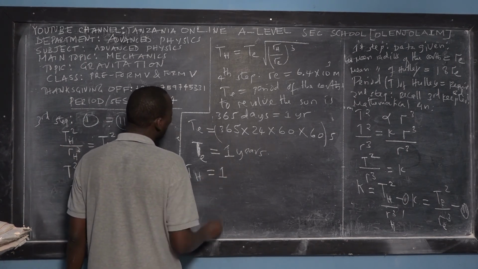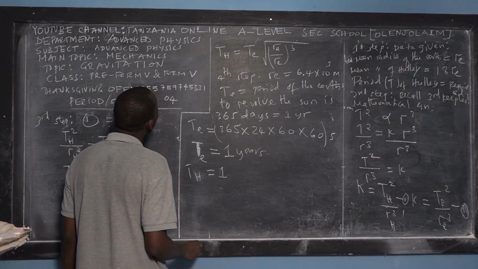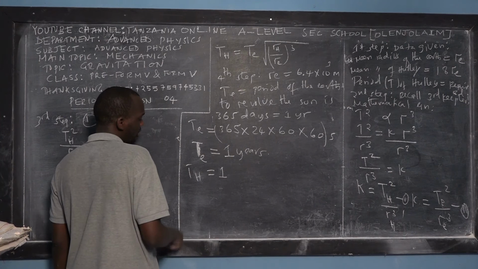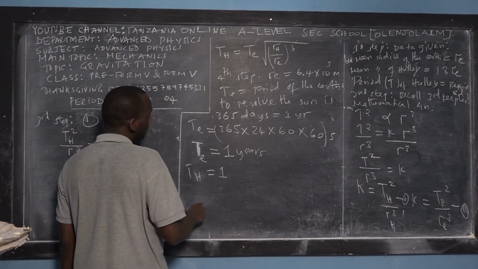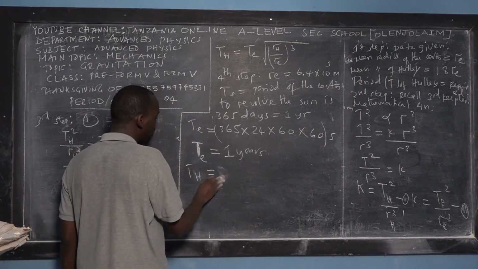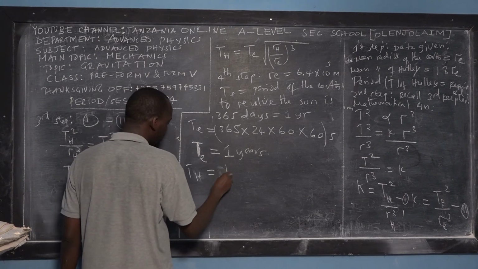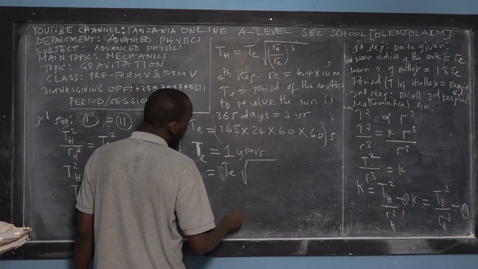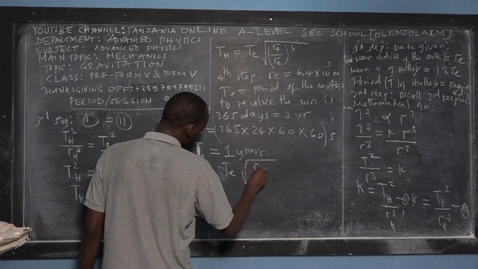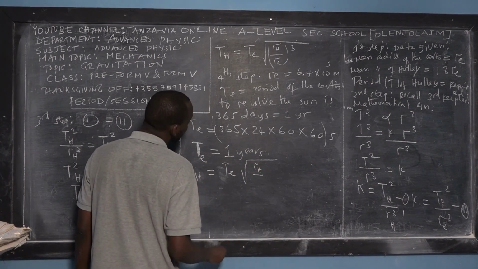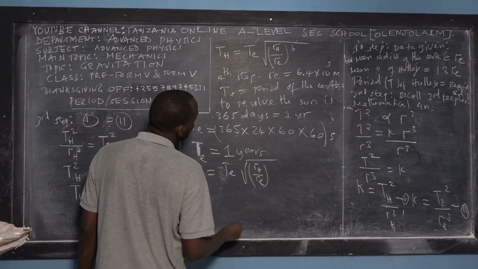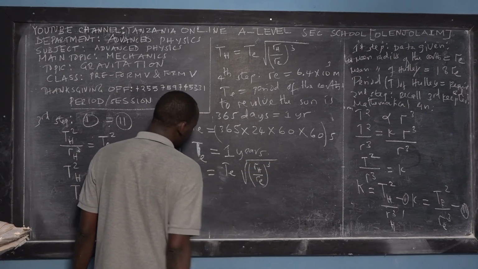The period of the S is equal to 1 year. Period of the Halley will be, remember from this formula, the period of the S times the square root of the radius of the Halley over the radius of the S, cubic.